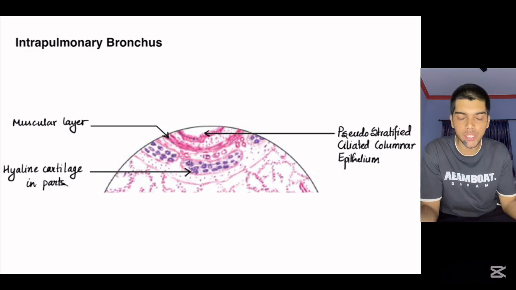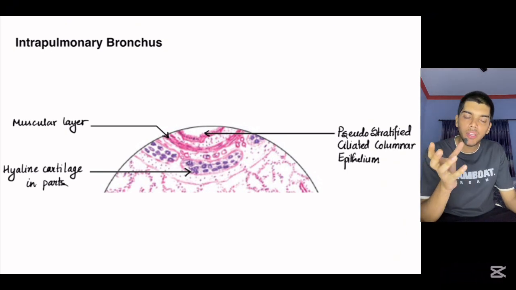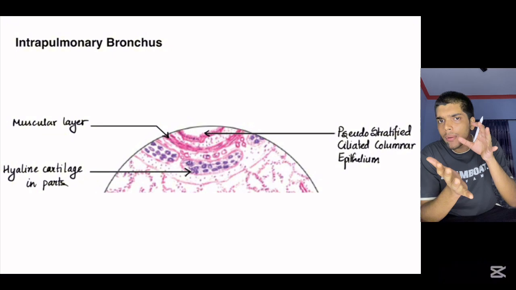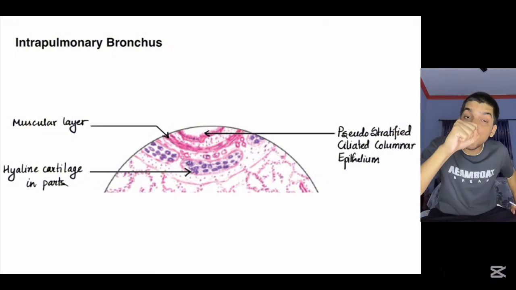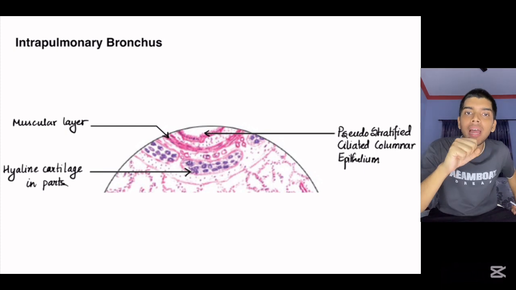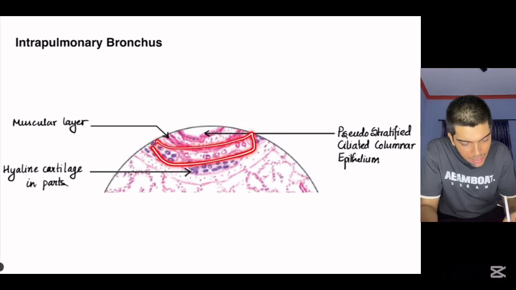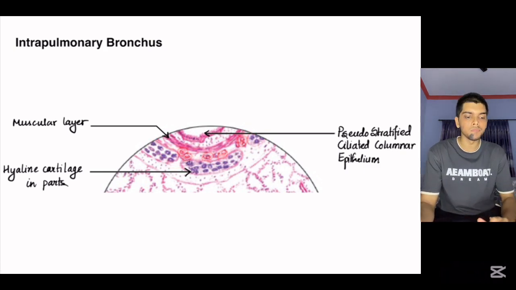The significance of which is that during asthma, there is hypertrophy of this muscular layer. As a result, there is thickening of the muscular layer, constriction and narrowing of the lumen, and difficulty breathing. The submucosa contains the submucosal glands. These are the submucosal glands.